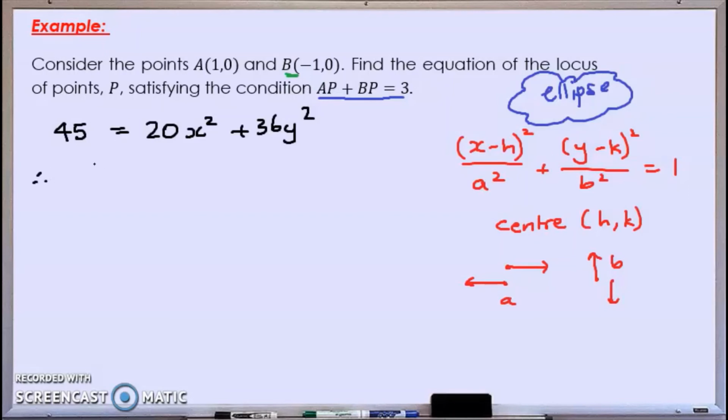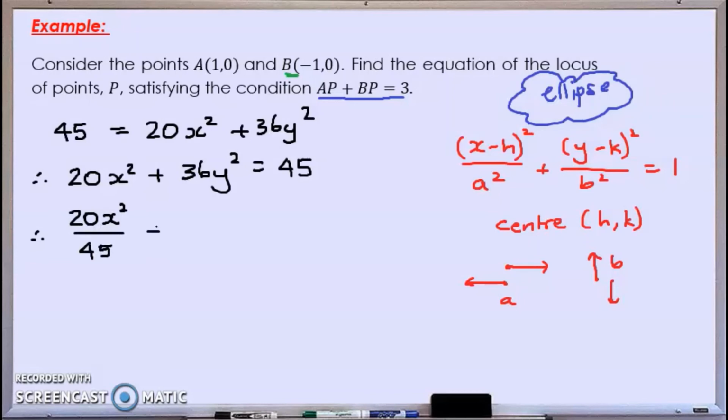First of all, let's swap my x squareds and y squareds, put everything over the other side, and we'll just rotate it around the equals sign. And then what we need to do is we need to make sure my right-hand side is a 1. So therefore it'll be 20x squared over 45 plus 36y squared over 45 equals 1.